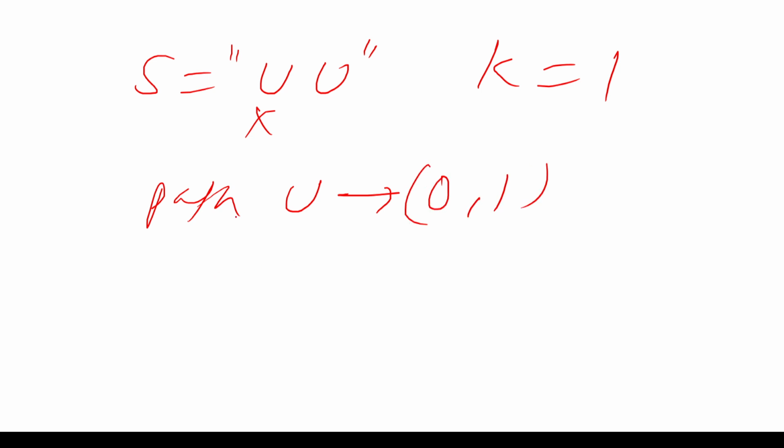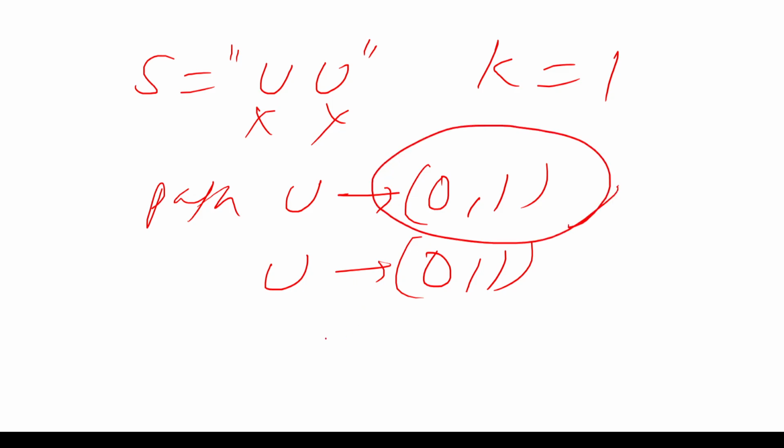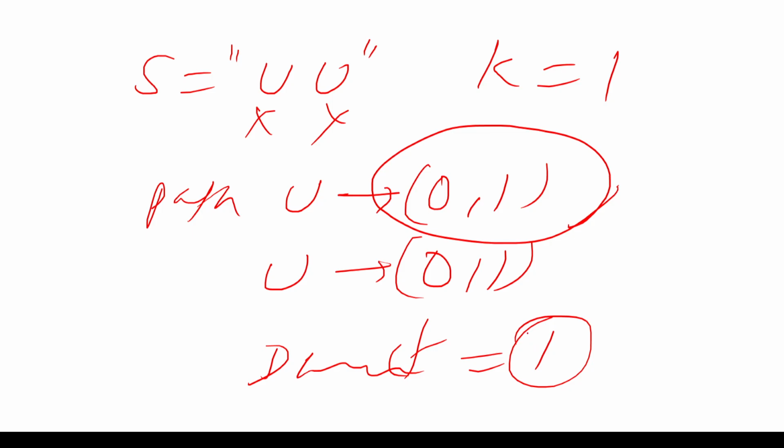Then we remove another one and the path becomes U to 0 1 again, but this is also a duplicate, so we return only one path and distinct is 1. I hope you understand. Okay, so now let's step back.